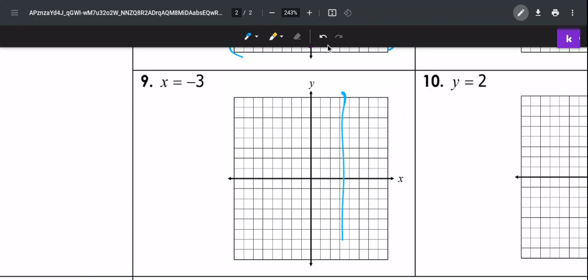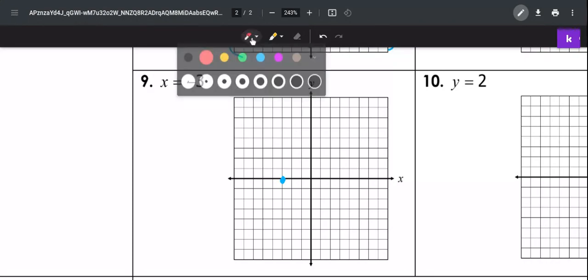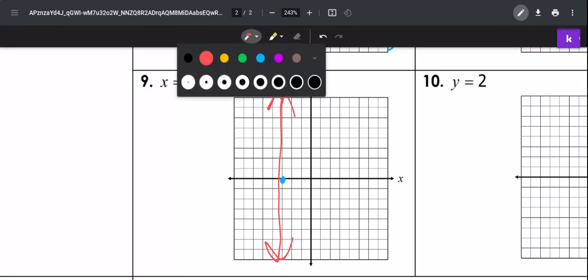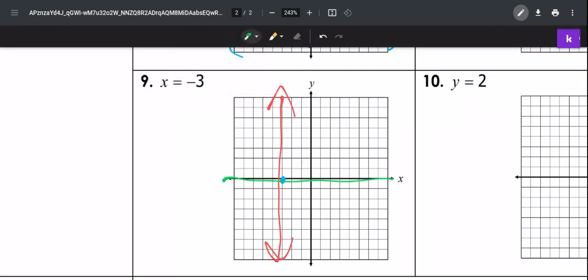A vertical line and the x-axis would make an actual cross. So I'm going to go to -3 on the x, 1, 2, 3, which would be right here, and then draw a straight vertical line through that. If you notice, if I draw a line over the x-axis, we have made a cross, so we've done this correctly, which mine completely misses the point, but you get the idea.